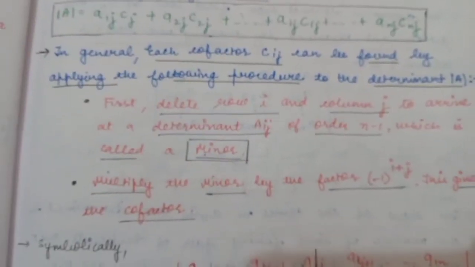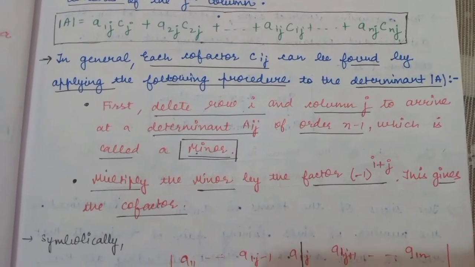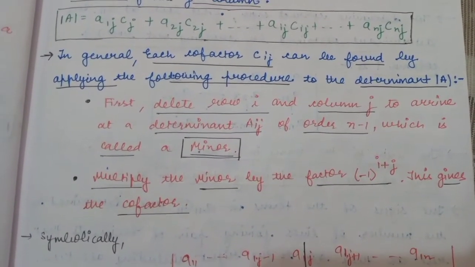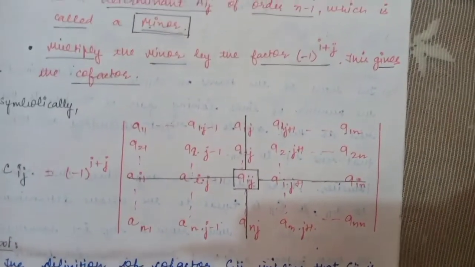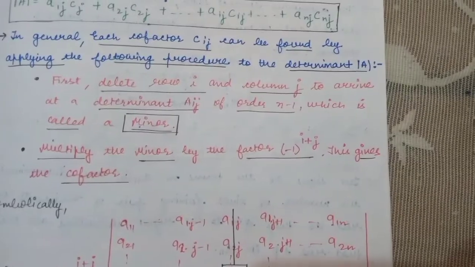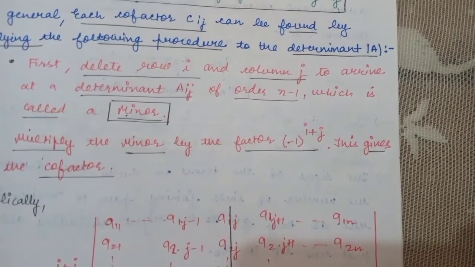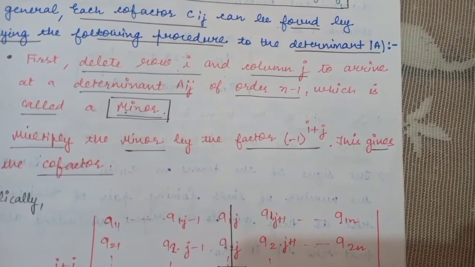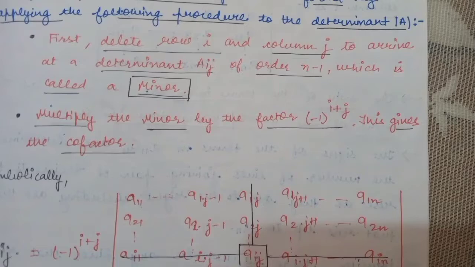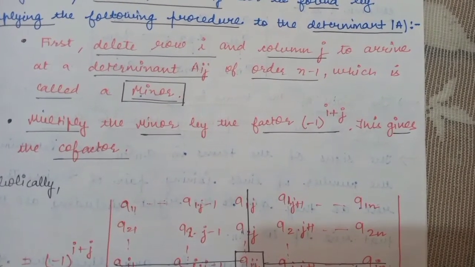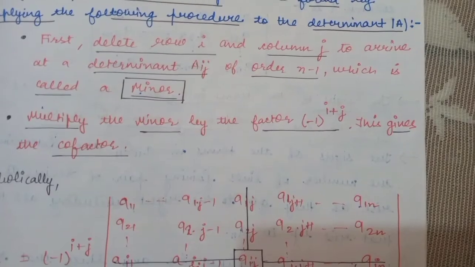Now to find a relationship between the minor, cofactor and inverse, we need to first know the definition of minor and cofactor. So if we have a determinant like this, and if we delete row i and column j to arrive at a determinant of order n minus 1, then this determinant is called a minor. Now if we multiply the minor by the factor minus 1 raised to power i plus j, we get the cofactor.